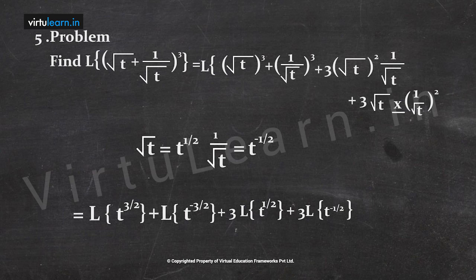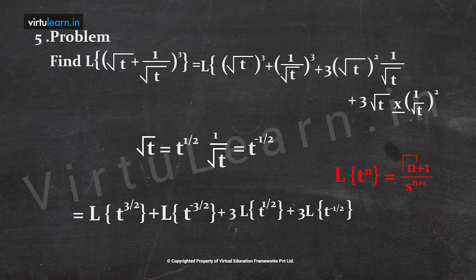Using this technique, now observe the terms: every power of t is in terms of a fraction. I explained one important formula: the Laplace transform of t^n is n factorial by s^(n+1), when n is a whole number. But here, instead of n, we have 3/2, 1/2, minus 3/2.